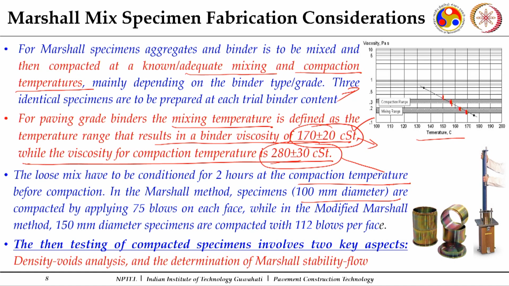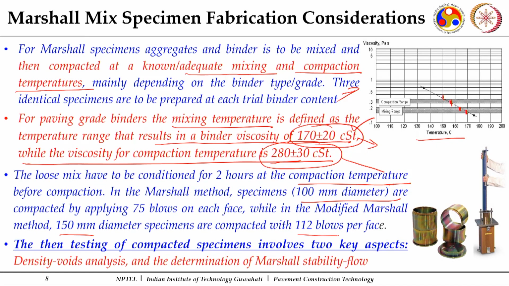This compactive effort has to be good enough to produce the density that will be there in the mix after 2 to 3 years of service life. This is an important aspect: the compactive effort selected at the laboratory scale as per the Marshall method recommends 75 blows on both faces of the specimen.